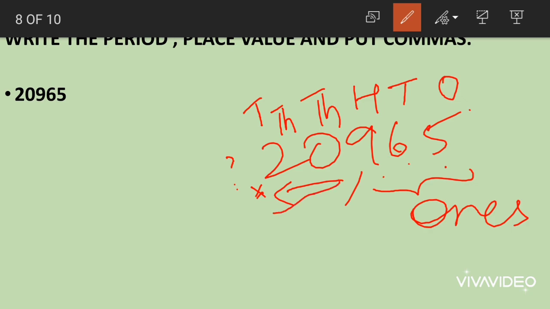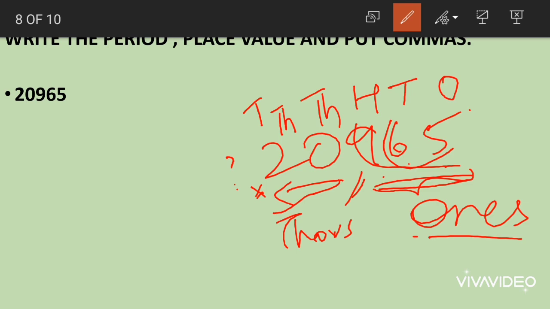Thousands and 10,000s fall under the thousands period. Again, if you are confused whether only these two come under the ones period or these three, you can look at the comma here. All the numbers after this comma come under ones period, because numbers are divided using commas based on their periods, so the numbers after a certain comma fall under the same period.